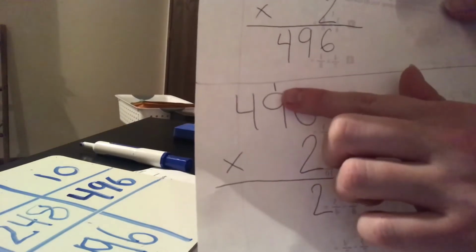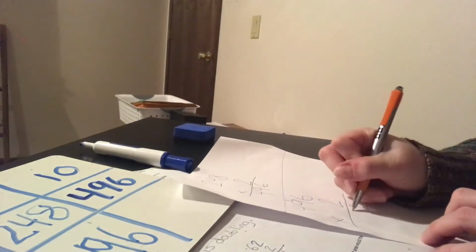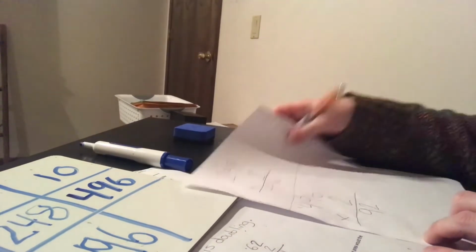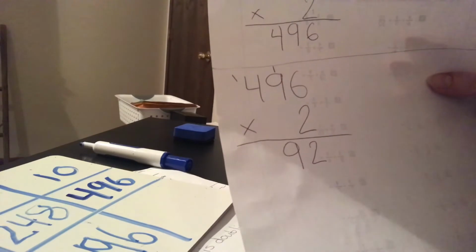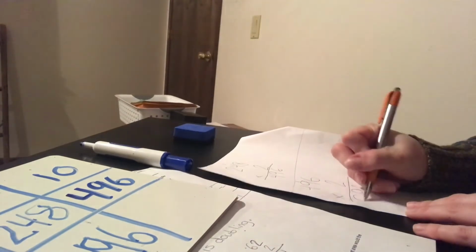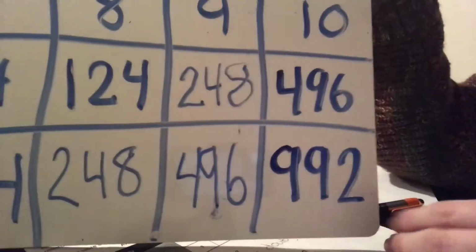Carry my 1 up high. 9 times 2 is 18, plus 1 more is 19. Again, I carried my 1 up high. 2 times 4 is 8, plus 1 more is 9. So my answer would be 992 for the amount of water absorbed.